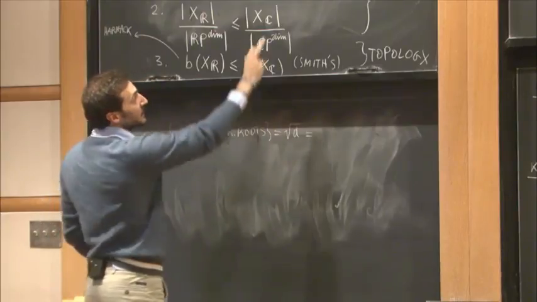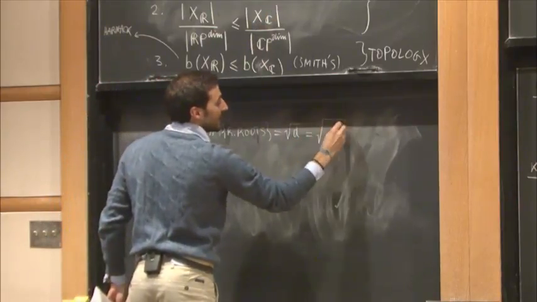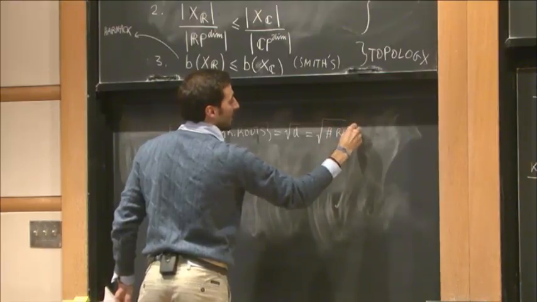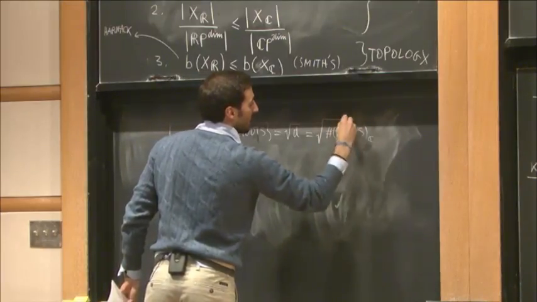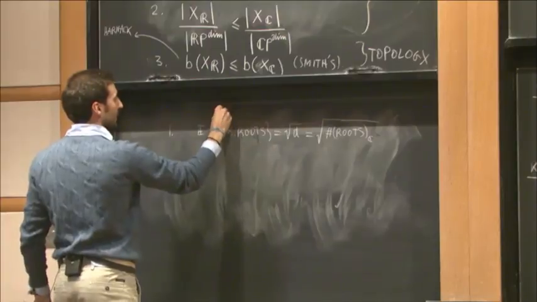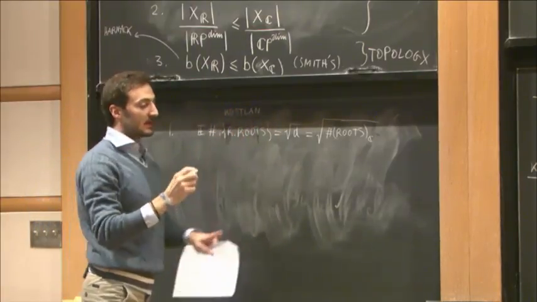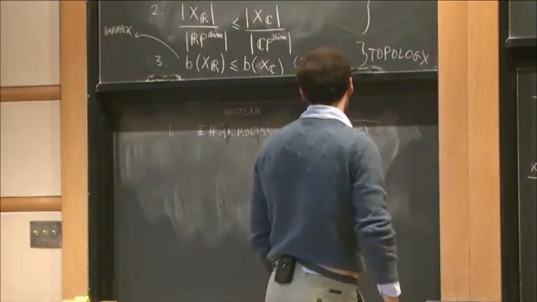Which is, by the way, the square root of what we get on the left-hand side, number of complex roots. This is if the polynomial is Kostlan distributed. So Kostlan, you can think it means just a distribution which is invariant by a unitary change of coordinates.